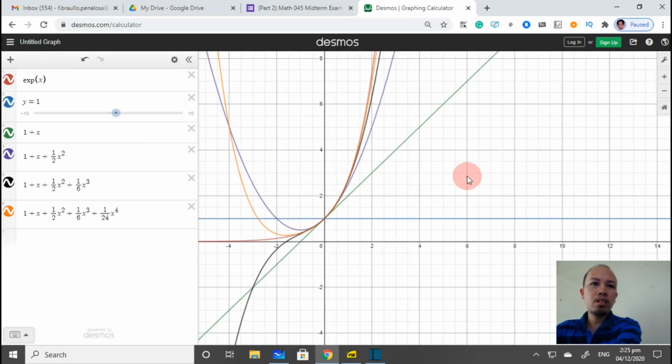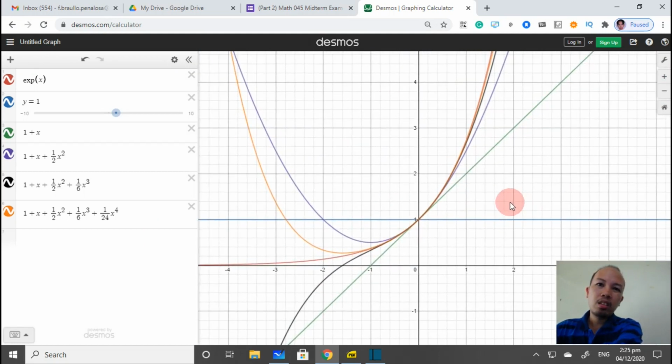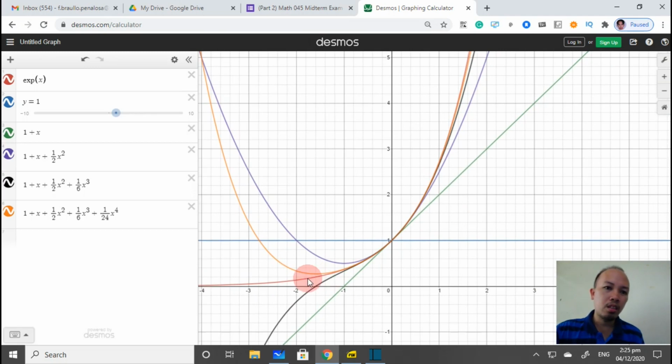As you can see, let's zoom out. Looking at the red one, the original function, which is approximated by the orange one, more and more points are being captured by this function.